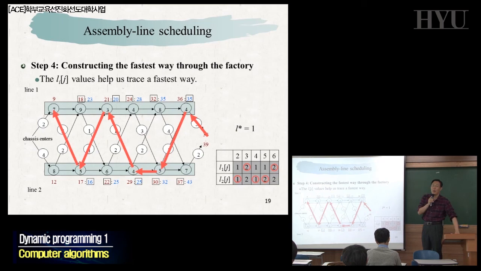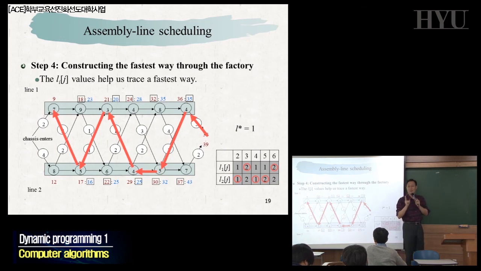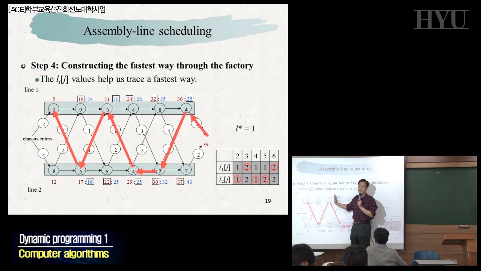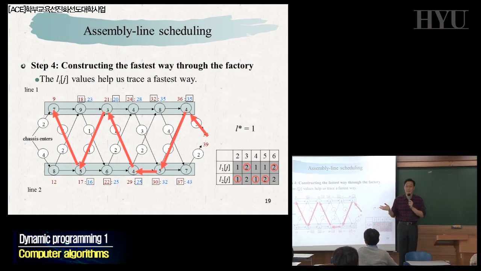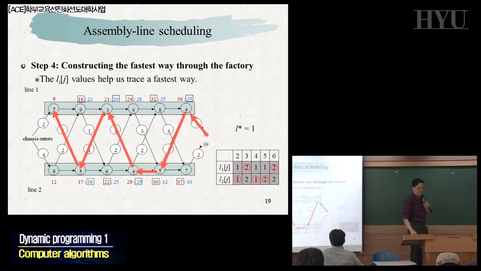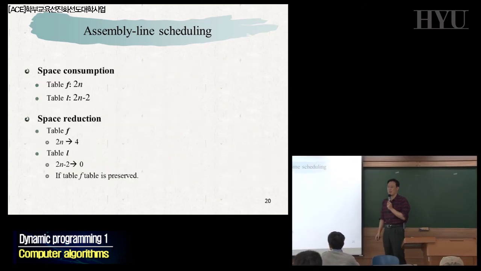So we need only 4 entries. The previous 2 values and the current 2 values. All the other values are obsolete, and we don't need them. So this is one way of reducing space.